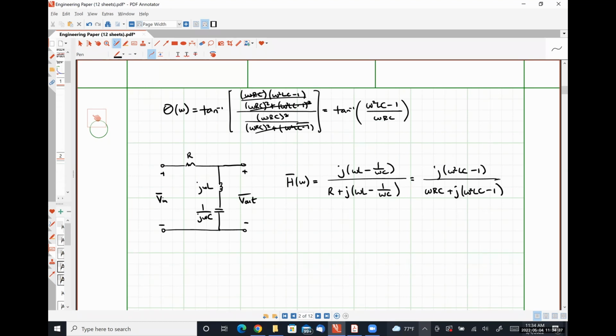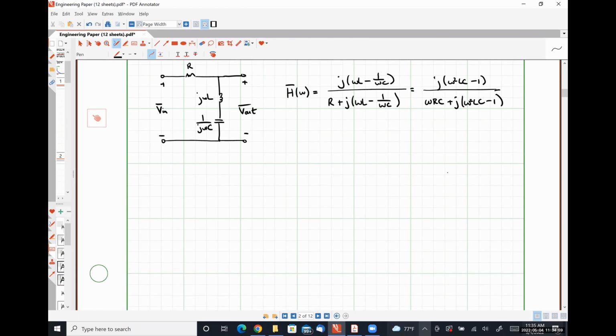So that's our simplified form of our transfer function where we don't have any pesky fractions inside of fractions. And we're going to take that and run with it to split it up into its real and imaginary constituent parts, and then use that to find our magnitude response and our phase response.